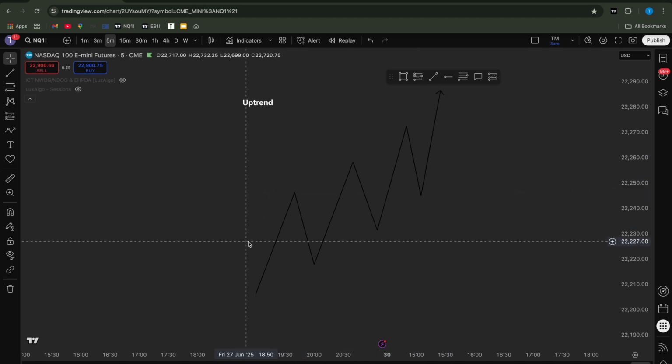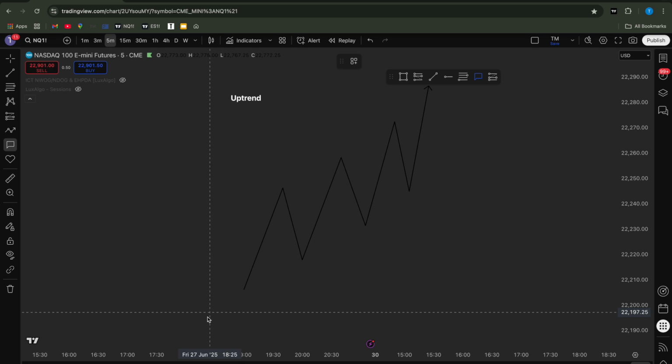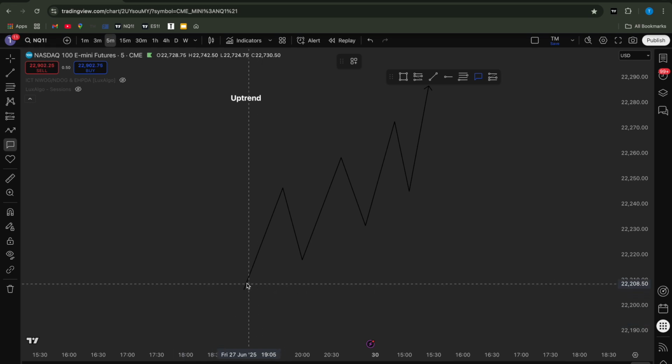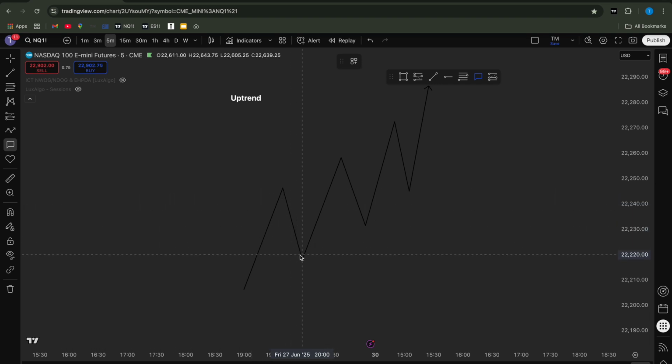Right, so why is it an uptrend and how do you spot when price is in an uptrend? The way you spot an uptrend is you'll have a low, you'll have a high, you'll have a higher low.